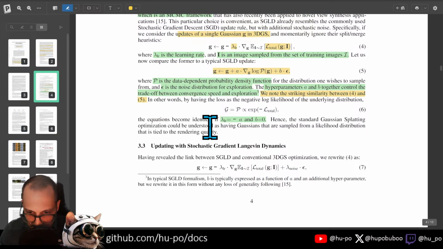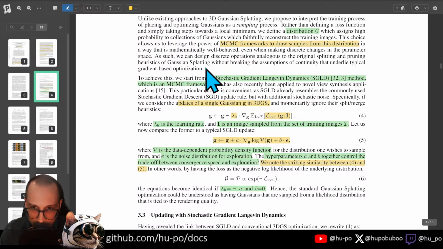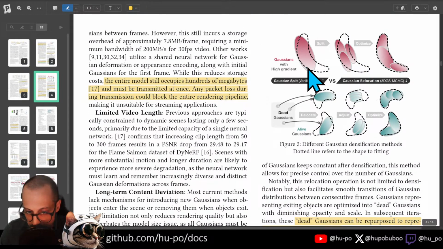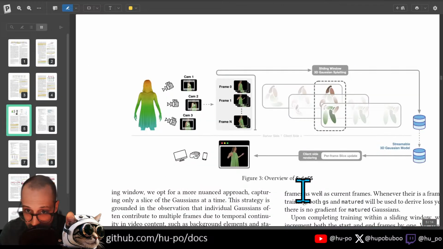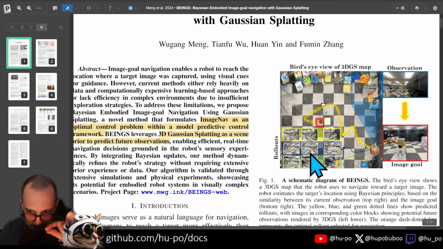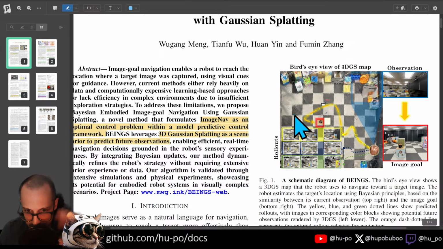And because people have spent a bunch of time thinking about the optimal way to represent these little molecules moving about, they have all this nice fancy math, which is stochastic gradient Langevin dynamics. Now we can apply that to Gaussian splats, which is going to solve the problem of densification and pruning and sparsity within Gaussian splats. That means we can effectively stream more complicated scenes, which allows us to render scenes that are dynamic rather than static in robotics, which will ultimately allow sim-to-real transfer, which will allow us to train things in simulation, which means that ultimately robots work.